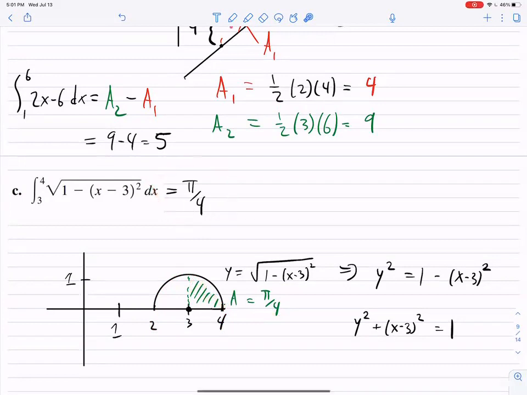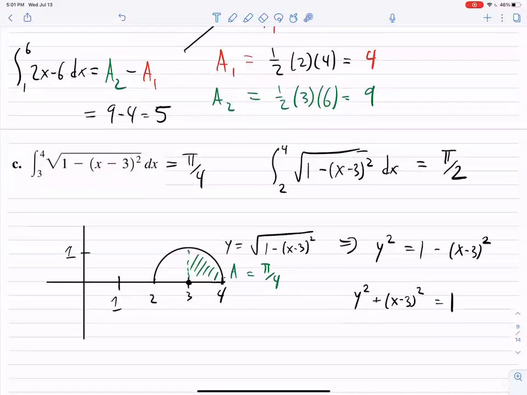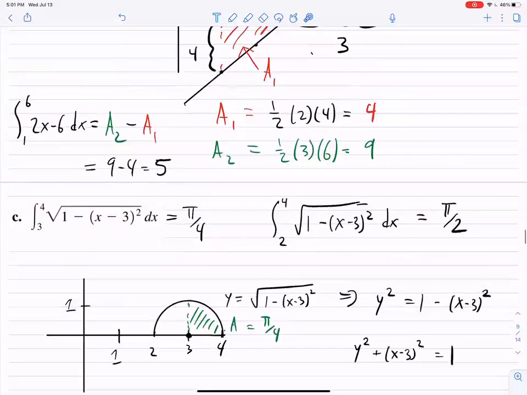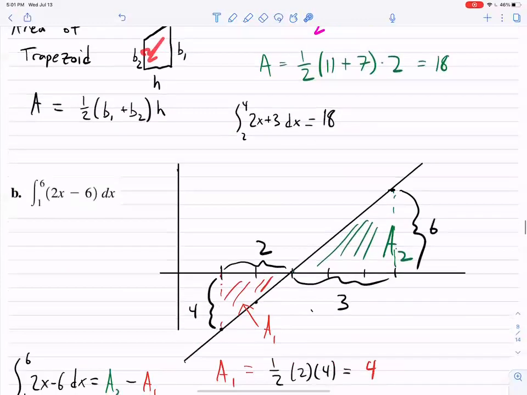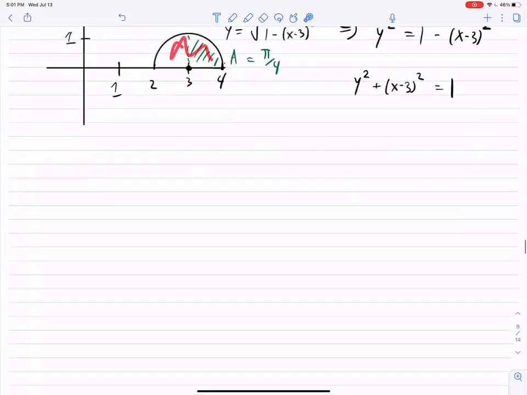And if I wanted to do, for instance, the integral from 2 to 4 of the square root of 1 minus (x minus 3) squared dx, well, that would be this whole area, and so that would be pi over 2. And so that's another geometric shape that we know how to use. We know how to do trapezoids, rectangles, triangles, and circles. Those are the ones that we can use geometry for.